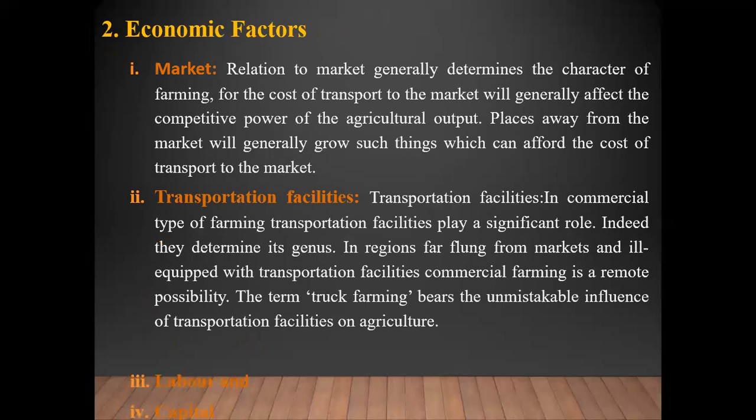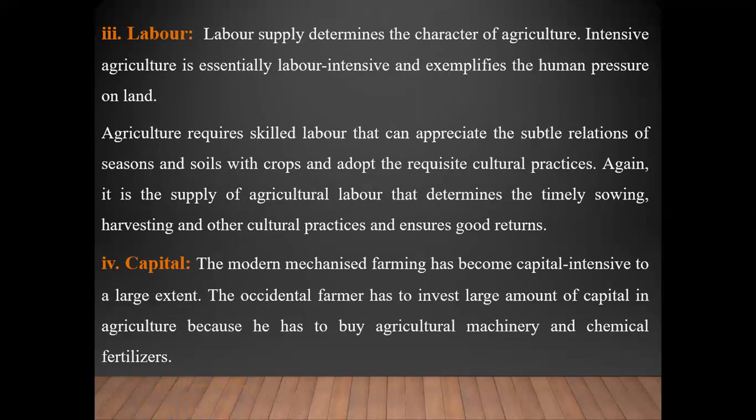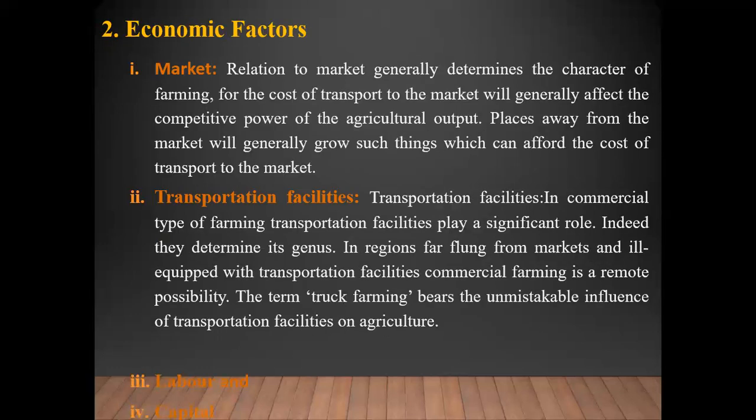The second factor is economic factors. There are some other internal factors that impact agriculture development. They are: 1. Market, 2. Transportation facilities, 3. Labor, and 4. Capital. Now, market.